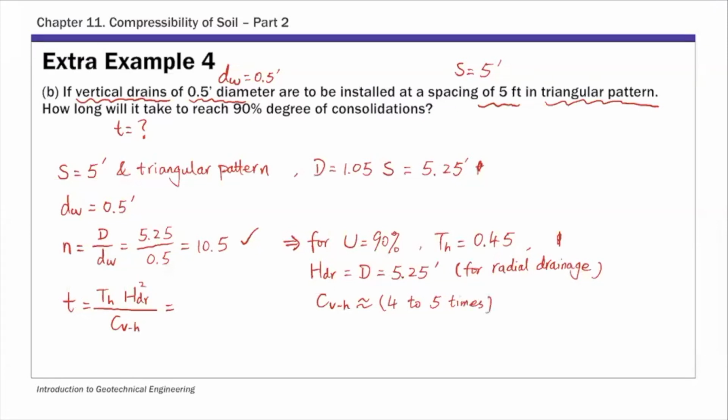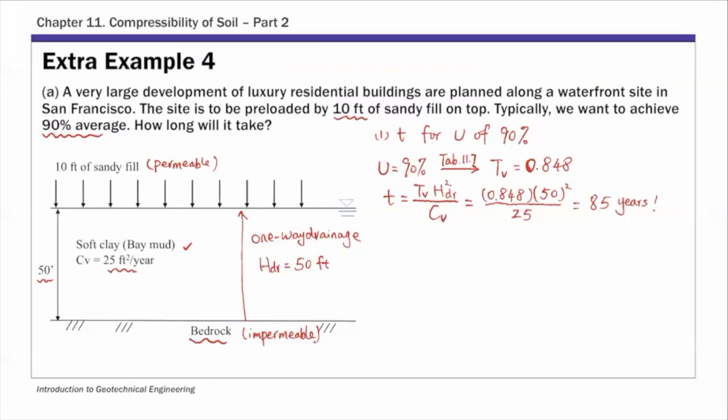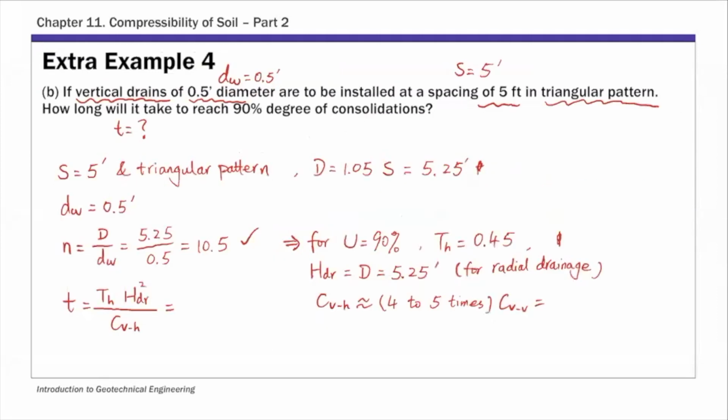The horizontal coefficient of consolidation, just a rule of thumb, is typically 4 to 5 times the vertical one, C sub V. So for this problem, we're given C sub V of 25. So let's use 4 times.